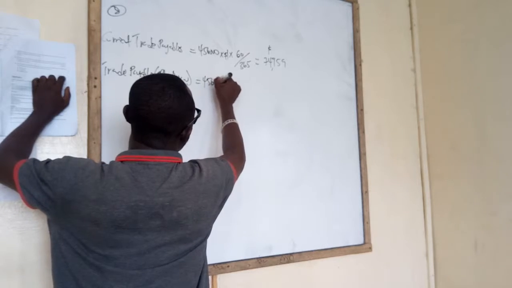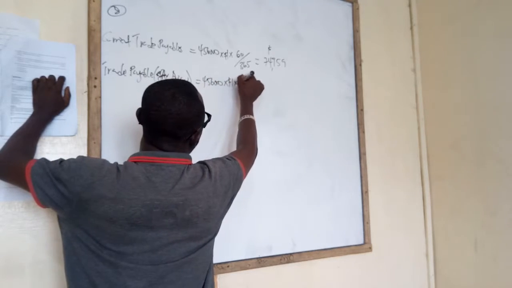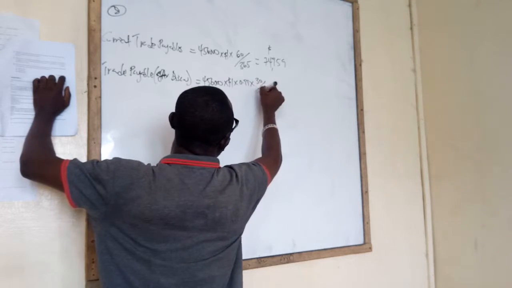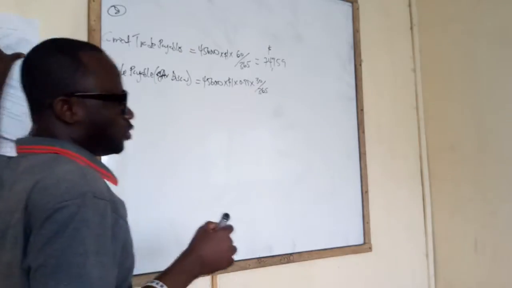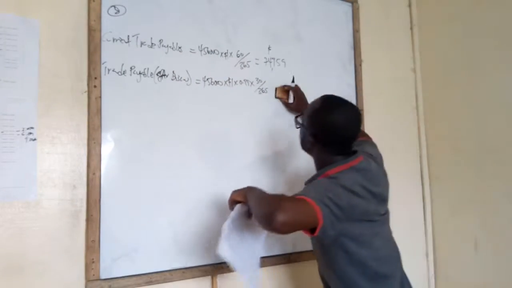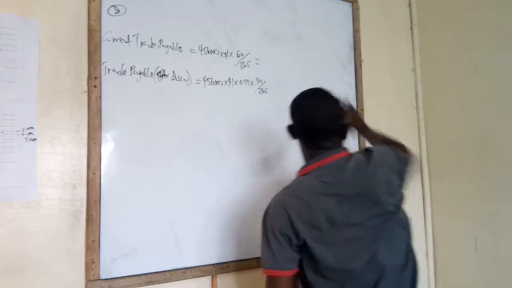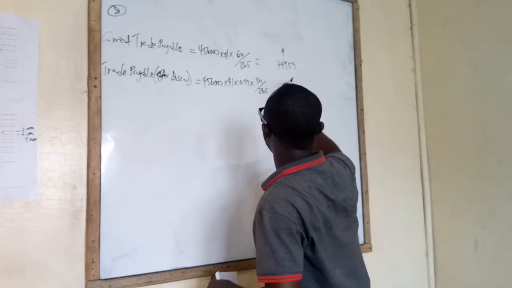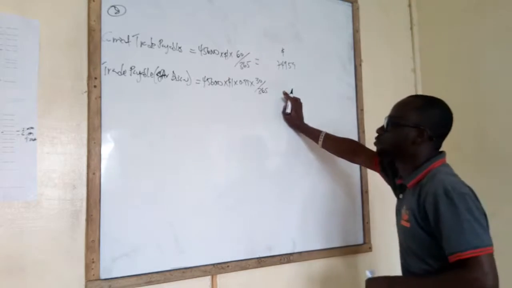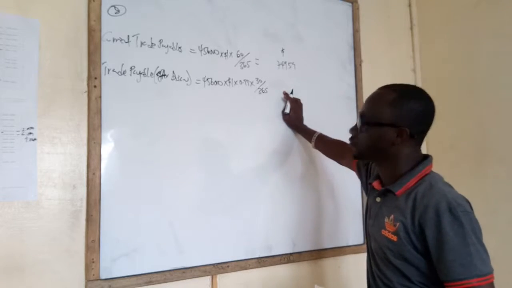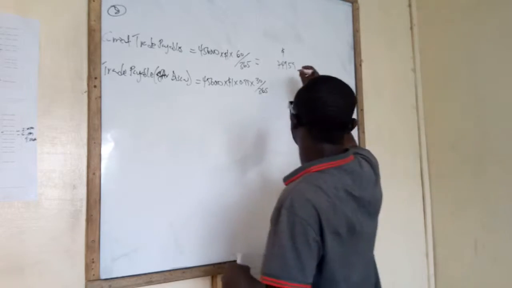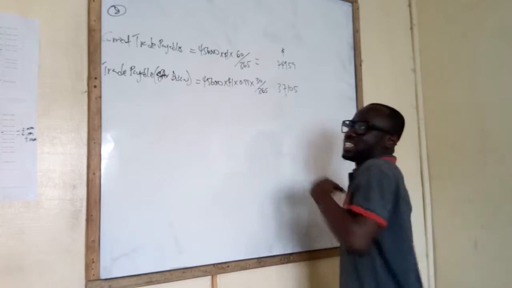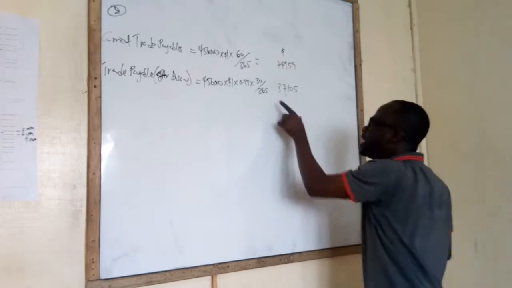So it becomes 456,000 times $1 times 99% times 30 over 365. I hope nobody is confused. 37,105.